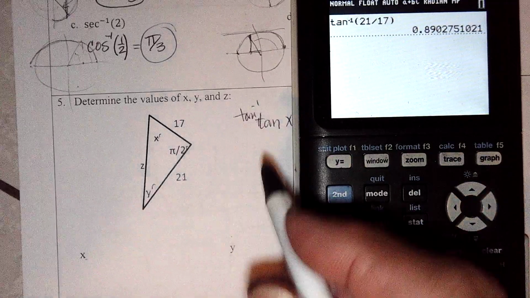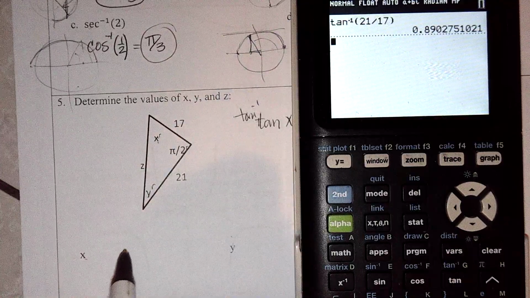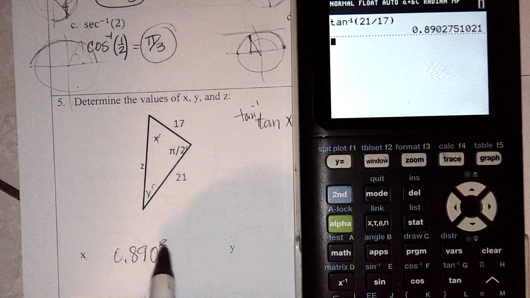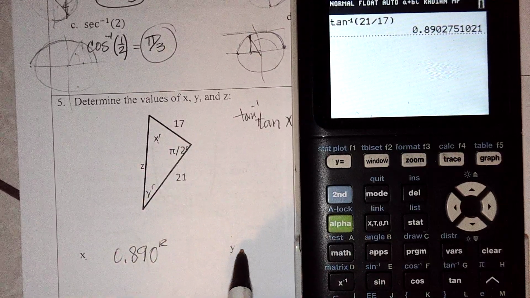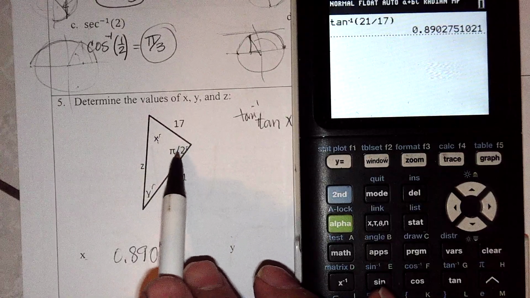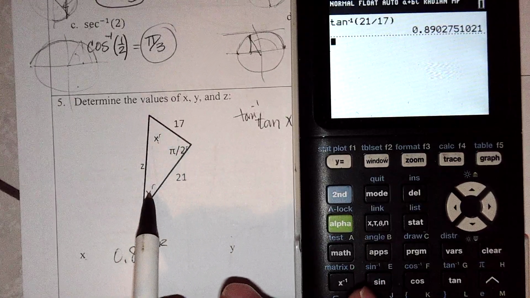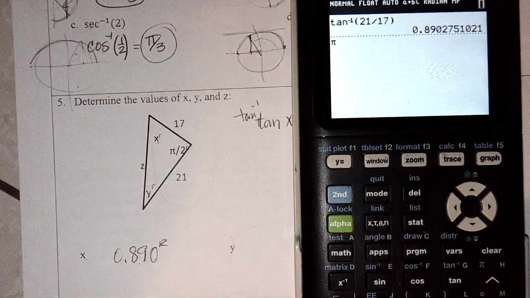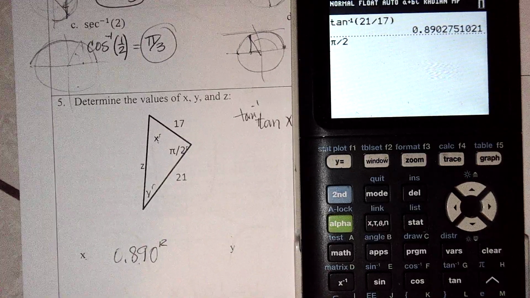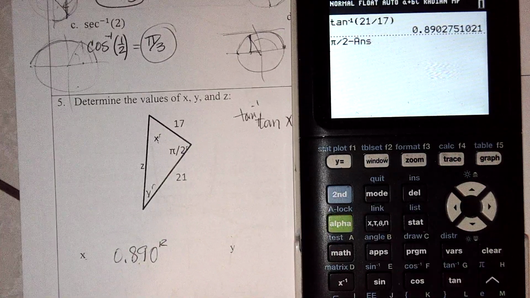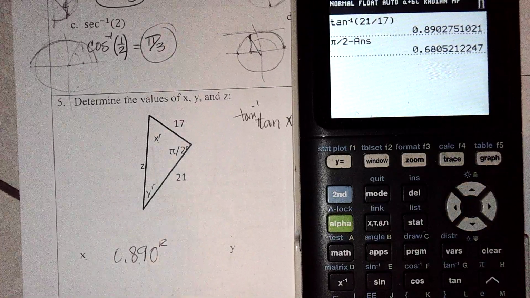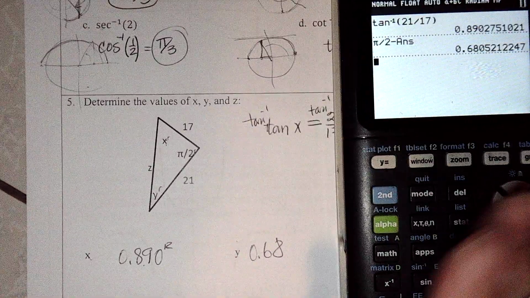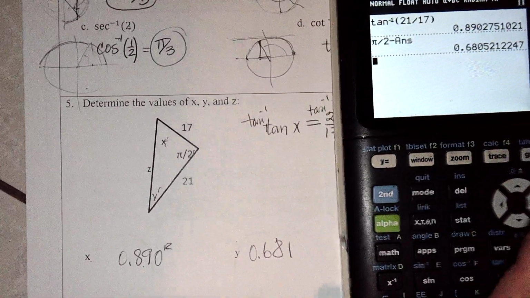And I get x to be 0.890 radians. And y is 90, or pi over 2 minus what x is. So I'm going to go pi divided by 2 minus my last answer, and I get y to be 0.681 rounded off radians.